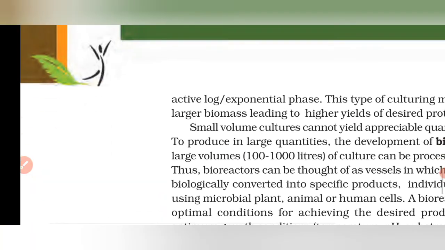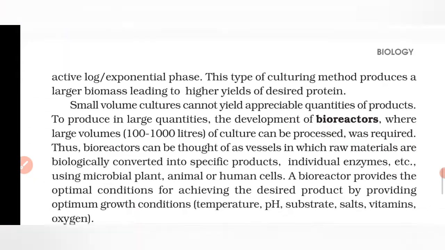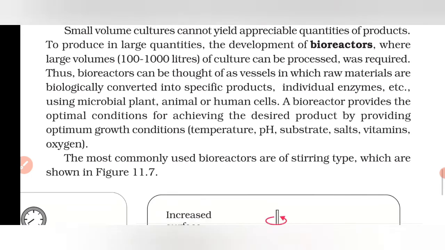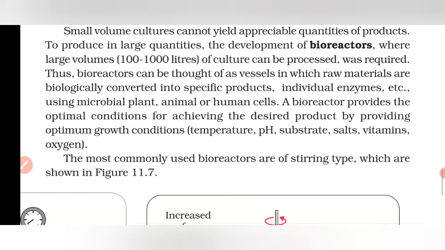Okay. So now the small volume cultures cannot yield appreciable quantities of products. To produce in large quantities, development of bioreactors, also called as the fermenters, where large volumes around 100 to 1000 liters of culture can be processed, was required.